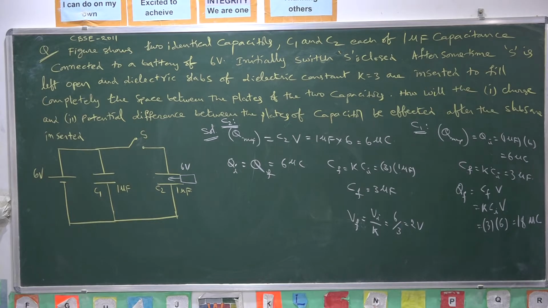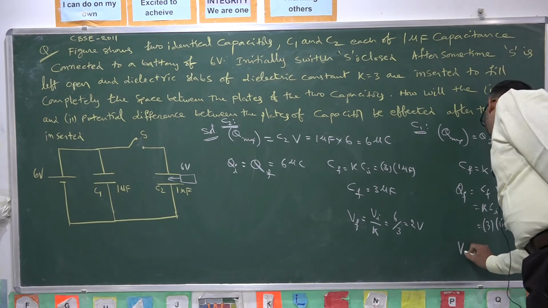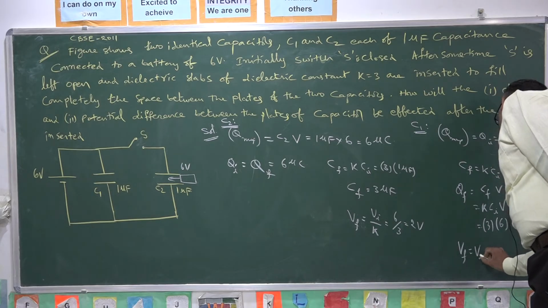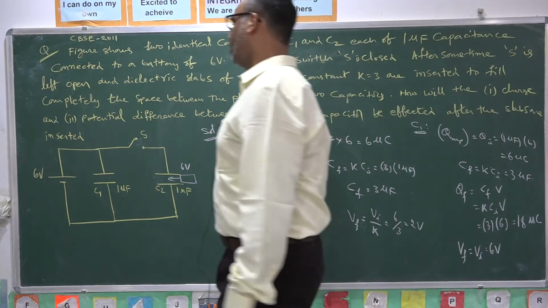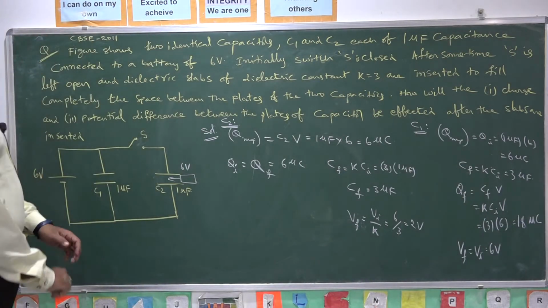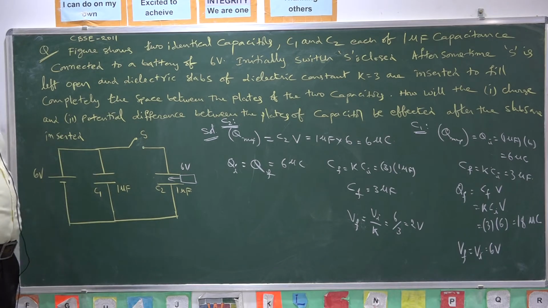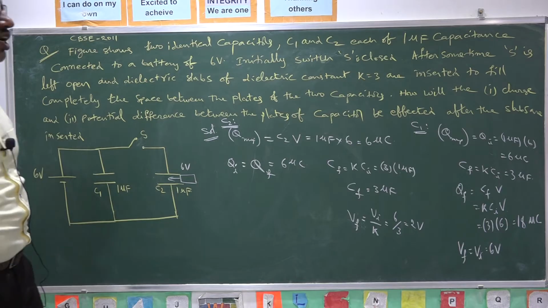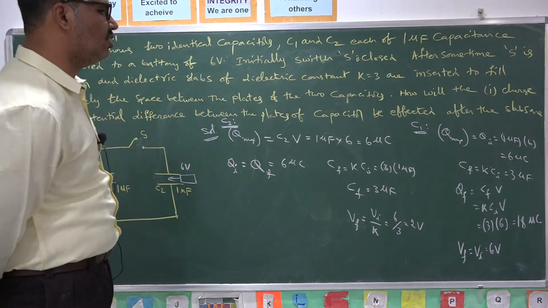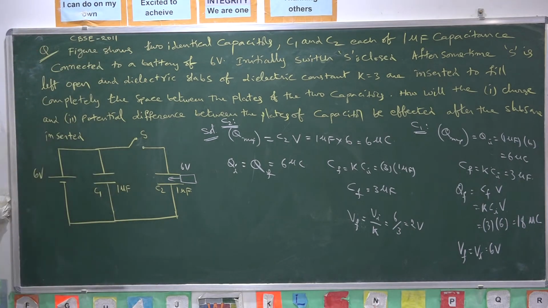And the potential remains constant: final potential is equal to initial potential, 6 volts. Voltage will not change since both are connected in parallel. In order to keep the voltage the same, additional charge is dumped into the capacitor. So the final charge available on the plates of the capacitor after insertion of the dielectric is 18 microcoulombs. So this is the solution for the given question.